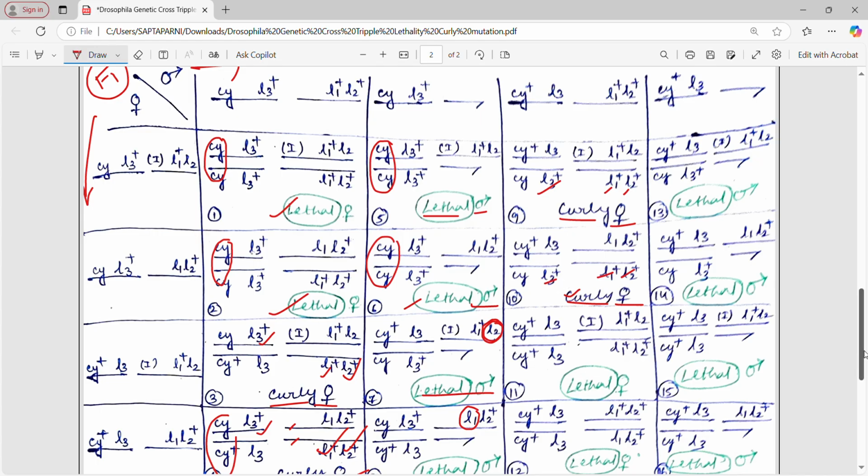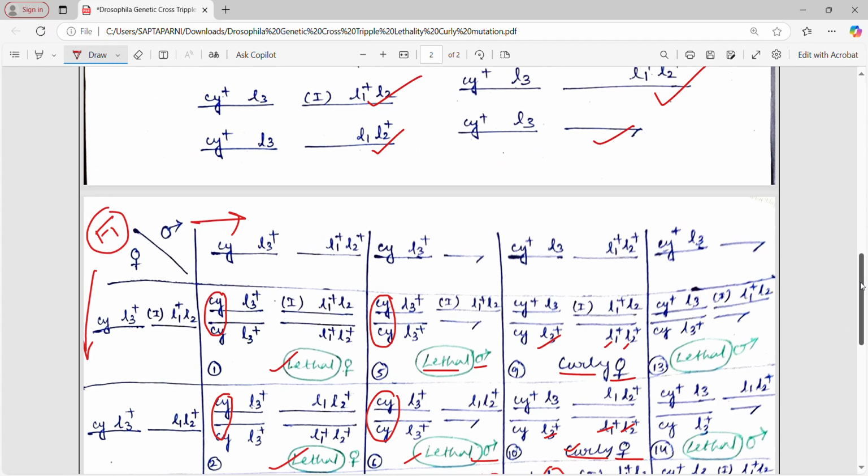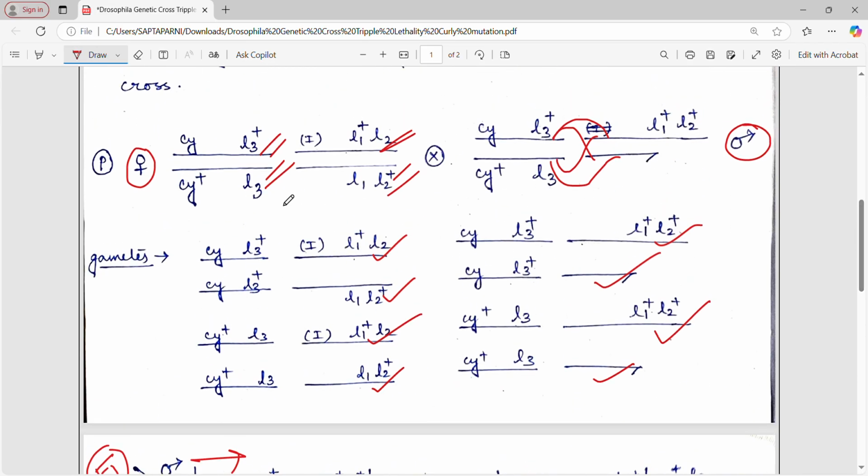Then see here, this wild type female, CY plus, is not surviving. Why? Because though there is presence of L1 plus and L2 plus alleles, there is no L3 plus allele. That is the thing we have tried to make by putting L3 on the wild type allele carrying autosome, so that when these two combine, no L3 plus can be derived from this.